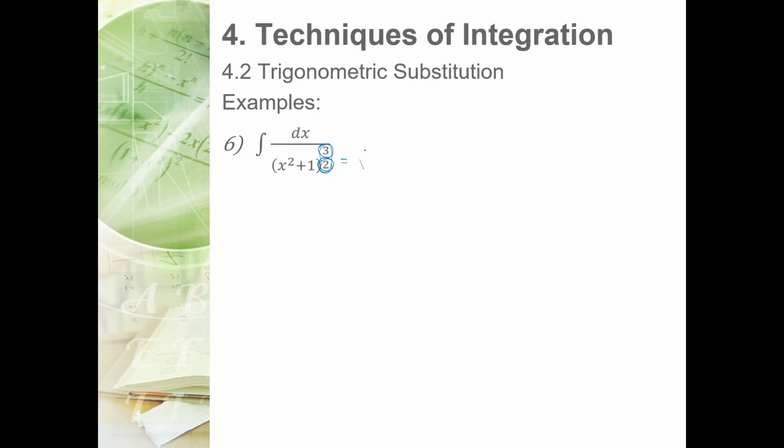So this becomes the square root of x squared plus 1 and then cube, diba? So in this particular problem, just try to ignore first the 3. We focus more on this format first. So kanang to the power of 3, we'll deal with that later, once we reach the fifth step, which is substitution.